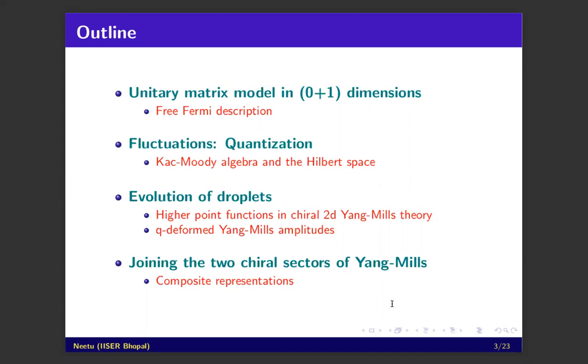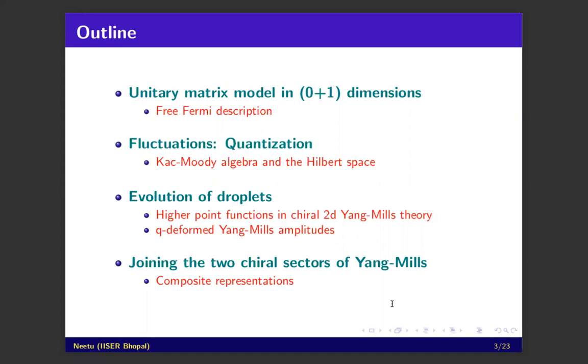From the time evolution of those states, we'll reproduce the partition functions of 2D Yang-Mills theory on different Riemann surfaces. We can also make a connection between the higher point functions in 2D Yang-Mills theory and the higher point correlators in the Hilbert space. And with some specific states, we can also reproduce the partition function of a q-deformed Yang-Mills theory.